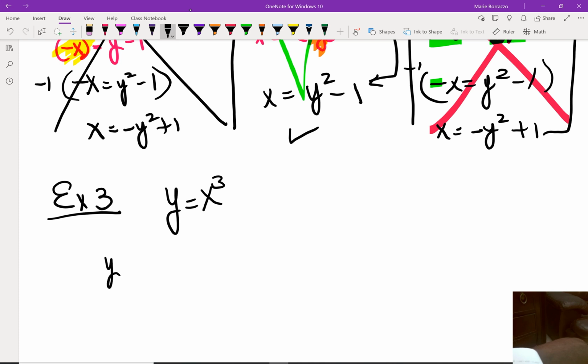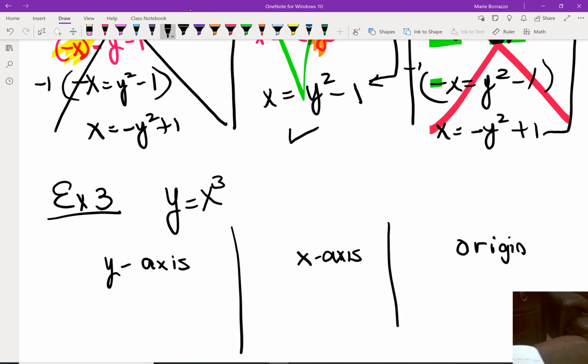So again, we create our little grid for y-axis, x-axis, and origin symmetry. And if I apply the test that I stated earlier, in this case, y equals negative x to the third power, which is going to yield me y equals negative x cubed.